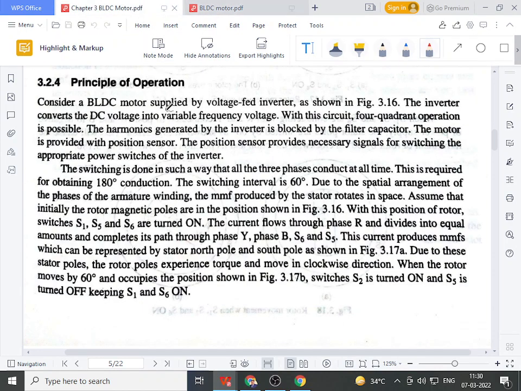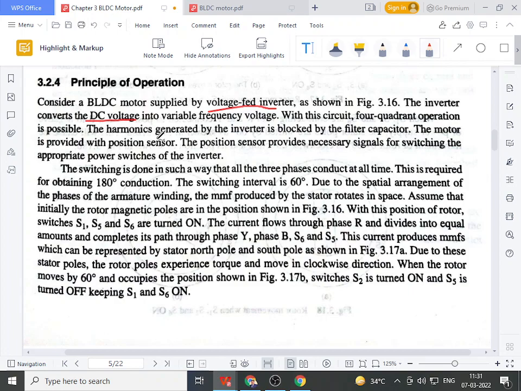As I have already explained, the BLDC motor is supplied from a voltage fed inverter. The inverter converts the DC voltage into variable frequency three phase voltage. We generally obtain four quadrant operation using this voltage fed inverter.